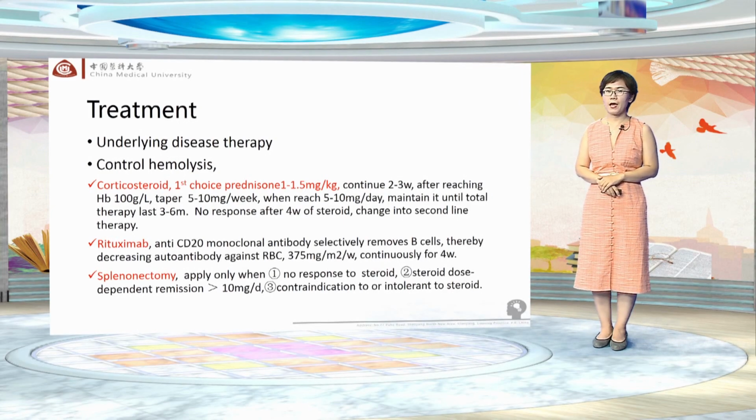Splenectomy is applied only when there is no response to steroid or the steroid maintenance dose is more than 10 mg per day, or patients have contraindications to or are intolerant of steroid.